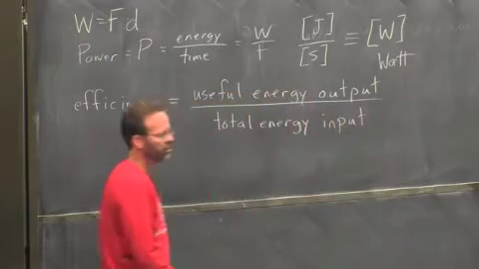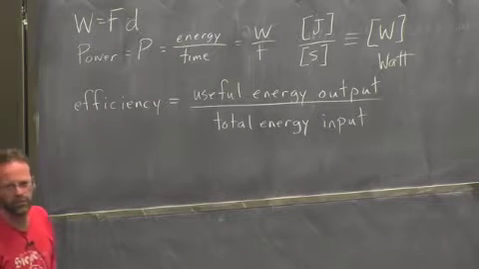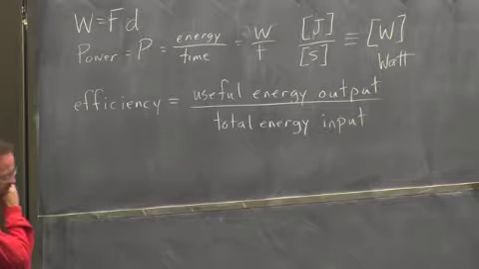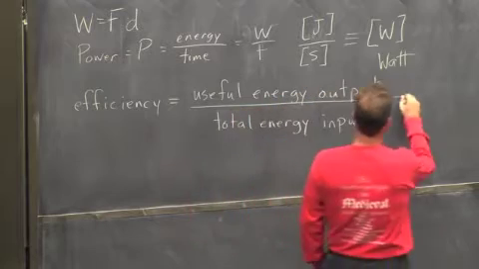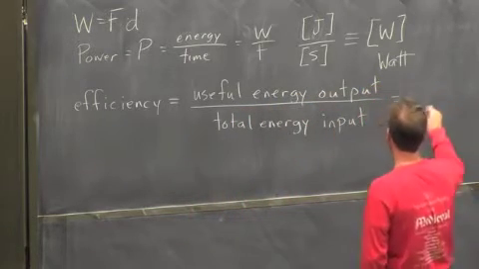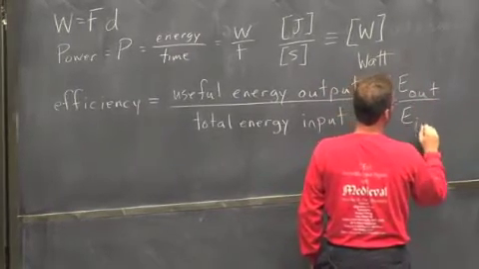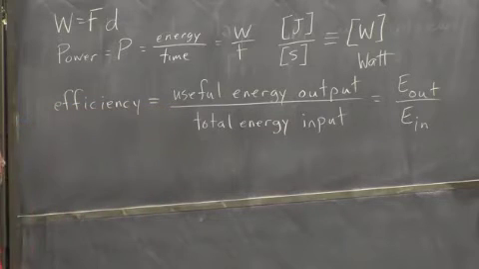So it's just a ratio, a fraction of what you get out versus what you put in. It tells you how efficient something is. I wrote that all out because it's a little more technical, but I generally just think of it as energy out over energy in. Does that make sense?